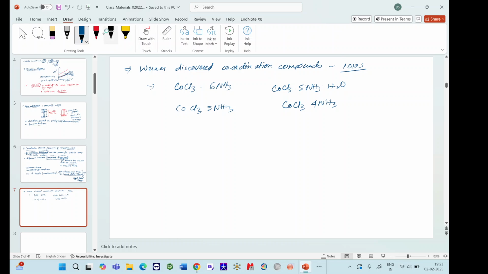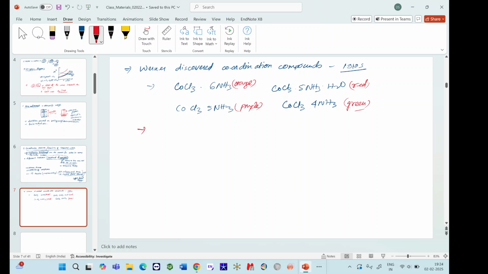Okay, so he observed orange for 6NH3, for 5NH3 it was purple, with one water it was red, and then the 4NH3 compound showed green.